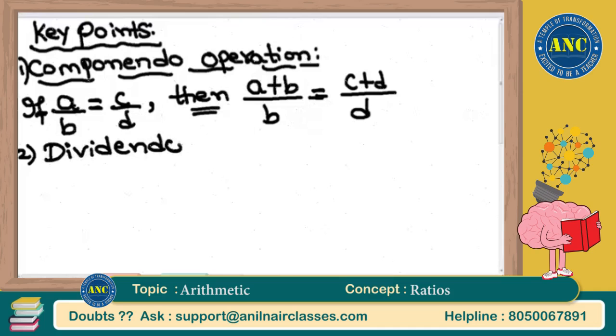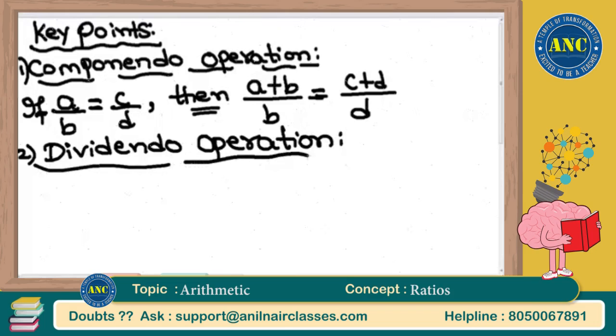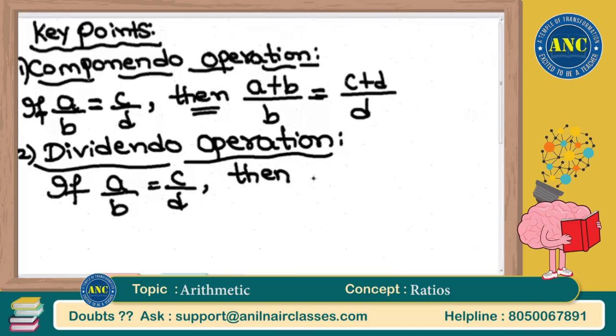The second key point is the dividendo operation. Componendo operation is when two ratios are equal. In the dividendo operation also, the two ratios should be equal: a by b equal to c by d. Then in componendo, I kept the denominator the same, right?